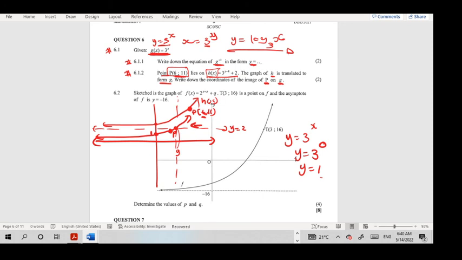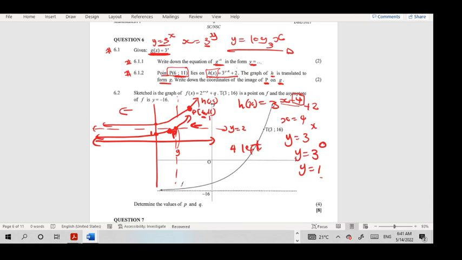So we know very well, using the equation of h of x, it's equal to 3 to the power of x minus 4, plus 2. Here at the top it says minus 4, which means in the general sense x equals 4, so it's a shift of 4 units to the right. But because we have point P and we want to shift to the left-hand side, we have to shift 4 units to the left to get to this P value here of G. 4 units to the left.